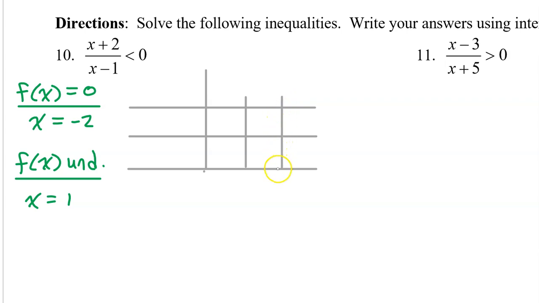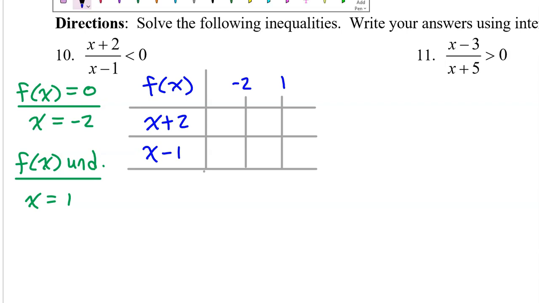This is a number line. Label your sign chart. I'm just going to call this f of x. This first row will be for the factor in the numerator, and the bottom row is for the x minus 1. From least to greatest, the negative 2 goes first, and the positive 1 goes second.